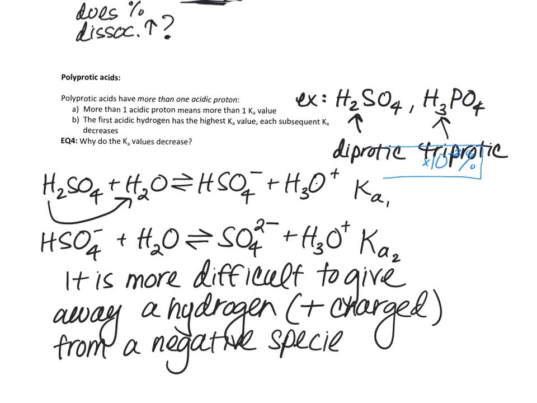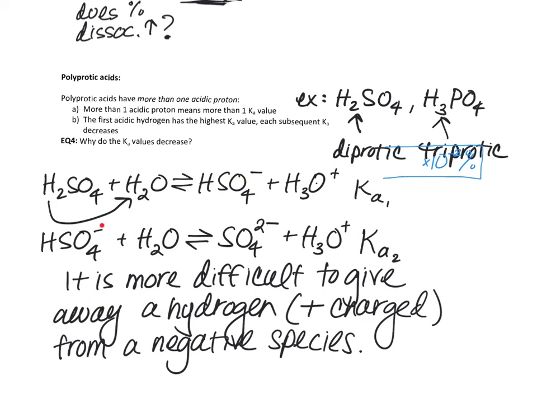And each time a hydrogen is given away, the resulting conjugate base, this is the conjugate base of sulfuric acid, the resulting conjugate base is more negative, right? So in this scenario, sulfuric acid had a 0 charge. It was neutral. When it gave a hydrogen away, it became HSO4 minus, so it has a 1 minus charge.